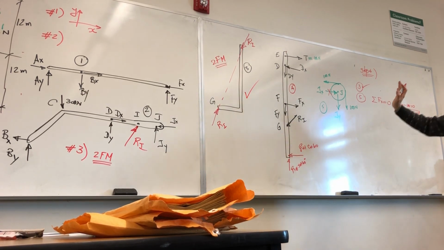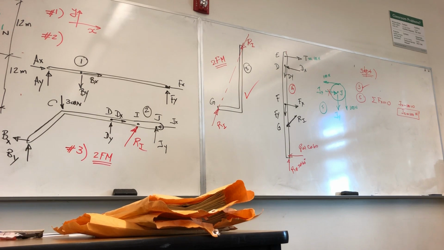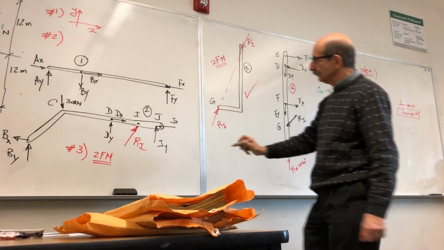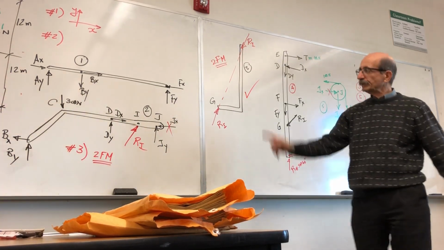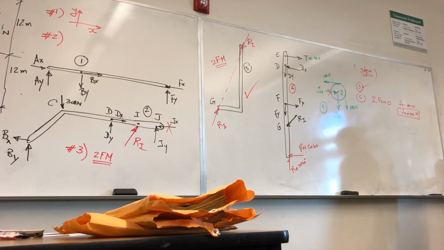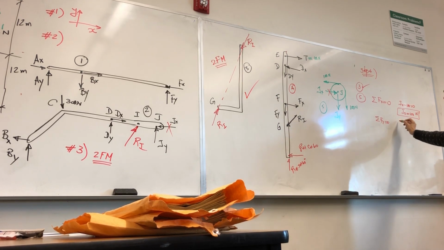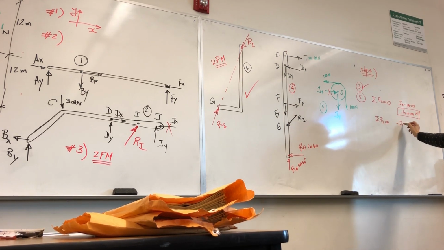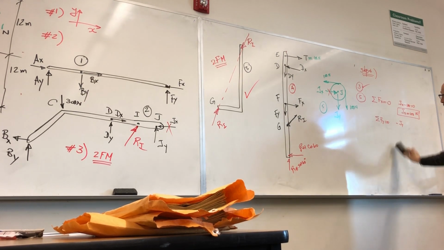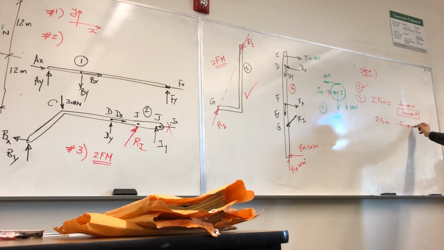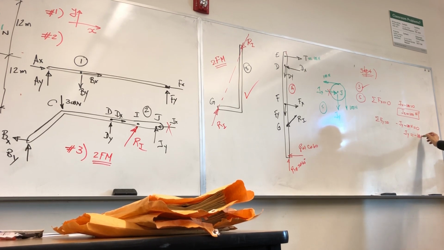So anywhere that force appears, throughout all these free body diagrams, you found Jx there, so you know that you have also Jx here. So you can keep track of how many unknowns are left on each free body diagram. So now I write summation of forces along y is equal to 0. You have negative Jy, right? Negative 100 Newton is equal to 0. So Jy is negative 100 Newton.